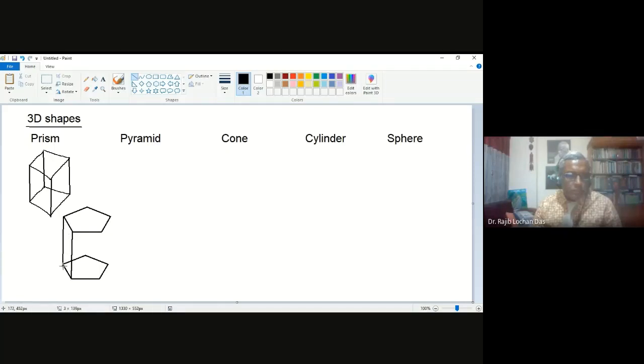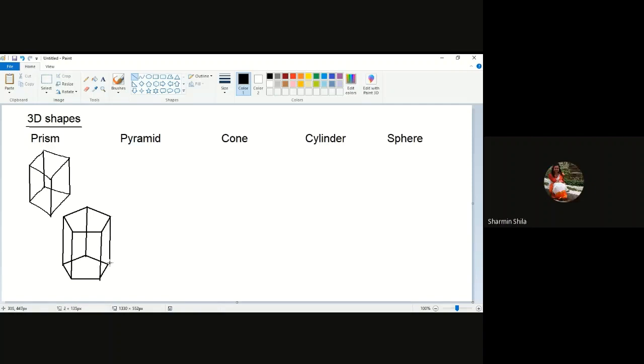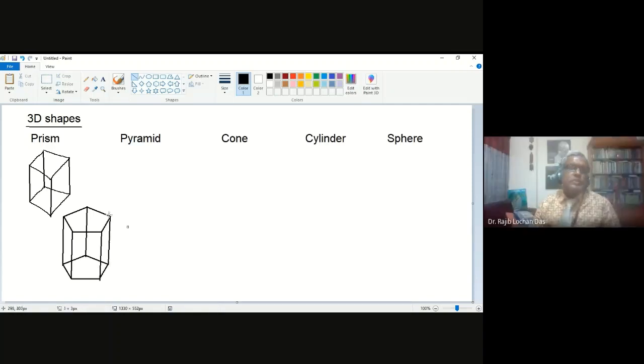Do you understand prism? Yes, sir. You can have any shape in the lower part and in the upper part. Triangle, rectangle, pentagon, hexagon, anything possible. Is that clear?